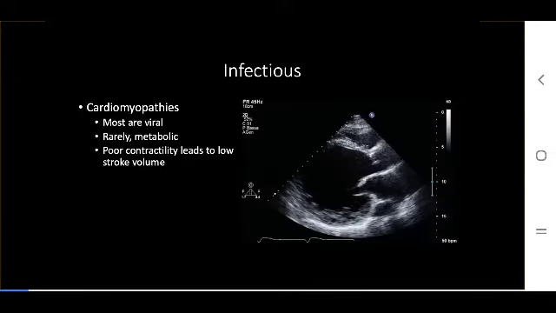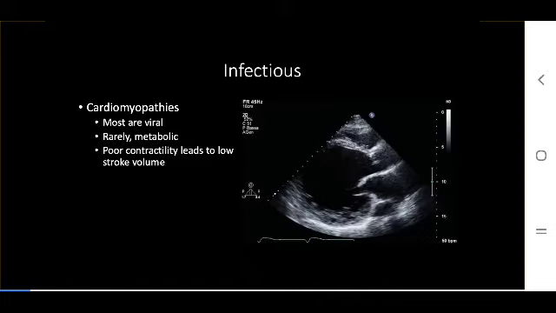Infectious causes. The number one cause we see in children is viral cardiomyopathy. I believe that in Iraq you have an increase in metabolic types of cardiomyopathies, more so than we do in the United States. But I still believe that viral etiology is the most common for the dilated cardiomyopathies.